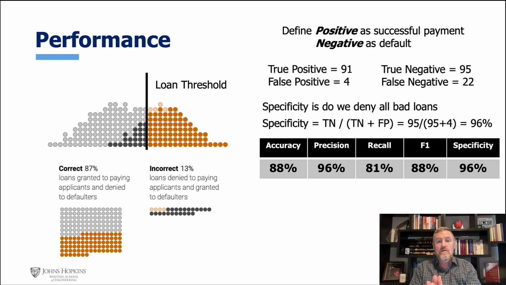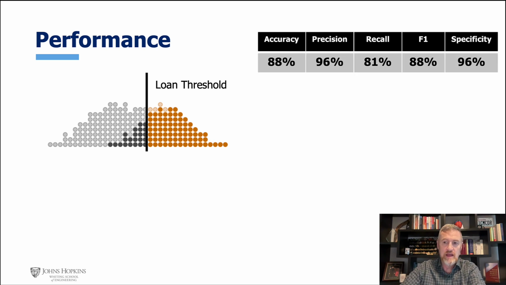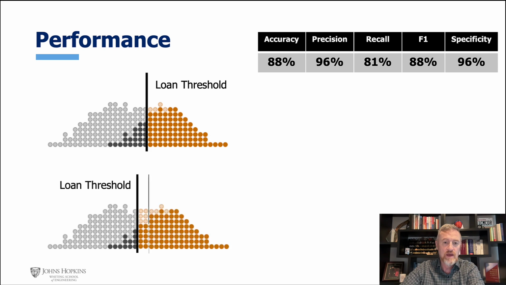Now, this is one model. So when we're looking at models, the simplest thing is we can change some parameters in the model to try and make the model perform better. But what does that really look like? Well, if I take this loan situation and we have the same performance metrics I was just showing you, let's say I move the loan threshold a couple spots to the left in this example.